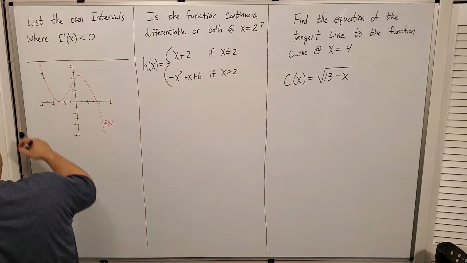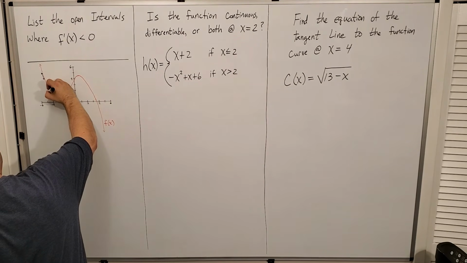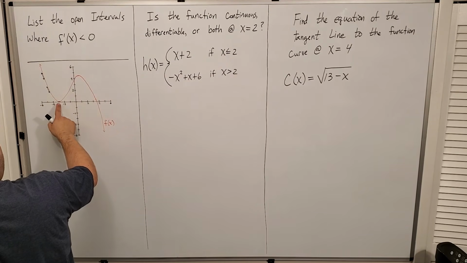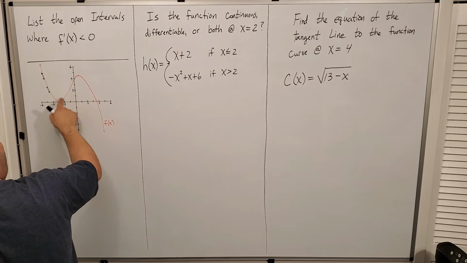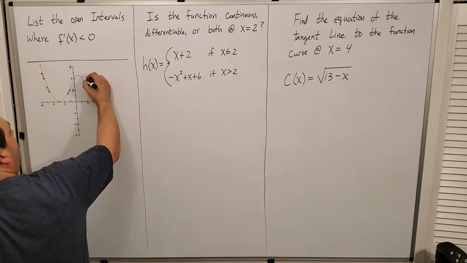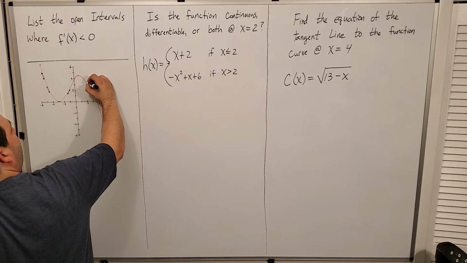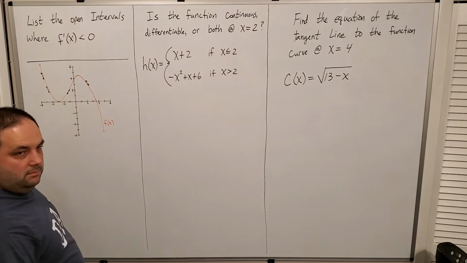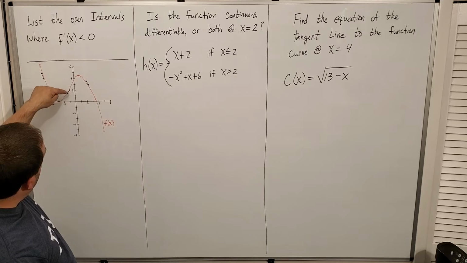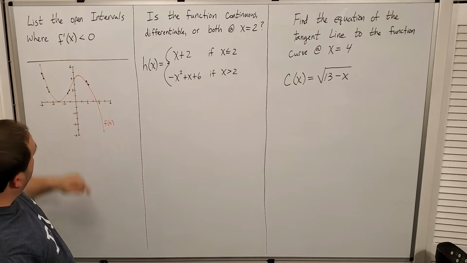Notice, any tangent line that I draw this way, there's a tangent line, slope is negative. There's a tangent line, slope is negative. Where does it change? Right here at this peak, or bottom peak right here. If I draw a tangent line here, it's a positive slope. But then it changes again, and if I were to have tangent lines over here, the slope would be negative again. So I have negative slopes over here, positive slopes in here, and then negative slopes in here.